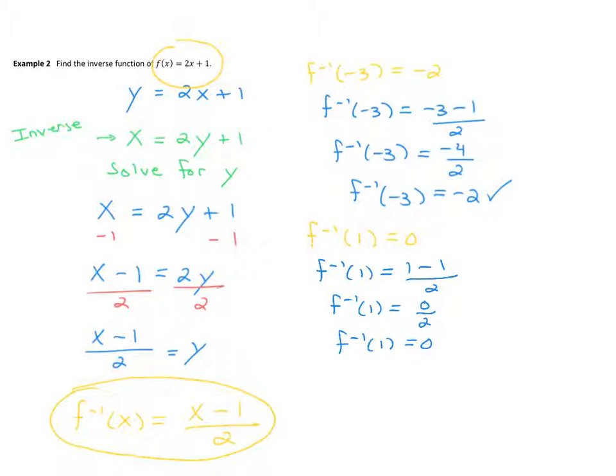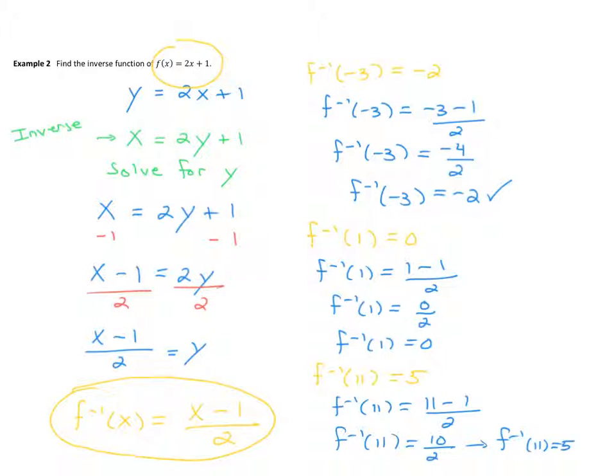The last one was f inverse of 11, which should be equal to 5. If I put 11 into my inverse function, it should take me back to 5. So I put 11 in place of x: 11 minus 1 is 10 over 2, and that in fact does equal 5.